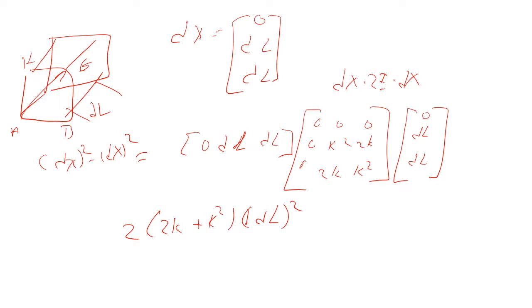You end up with a difference. For BH, the difference goes to, you have a minus 2k here, right? That's how BH changes, right?